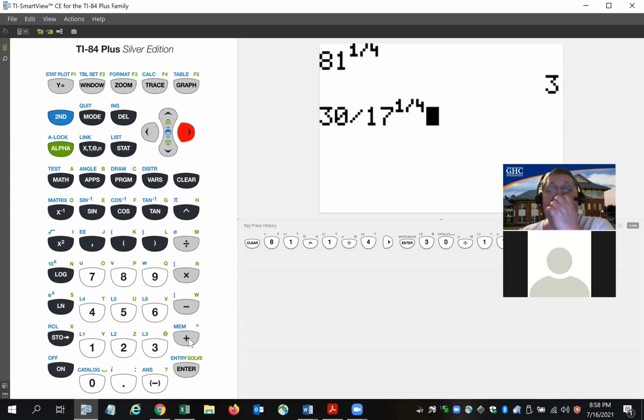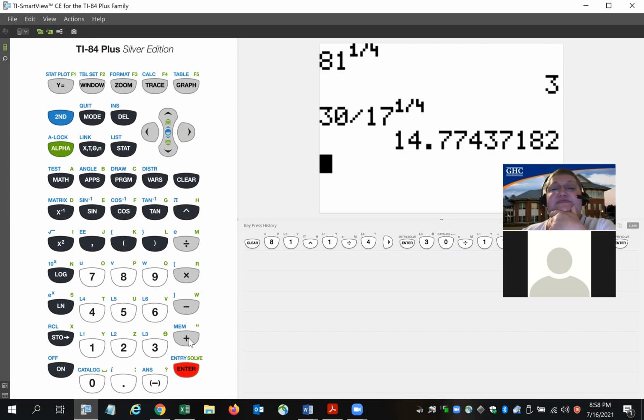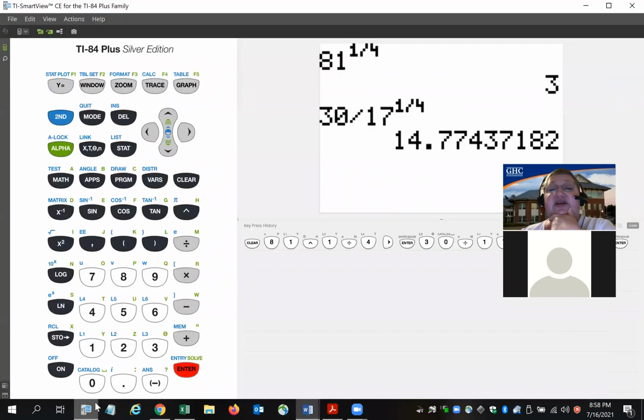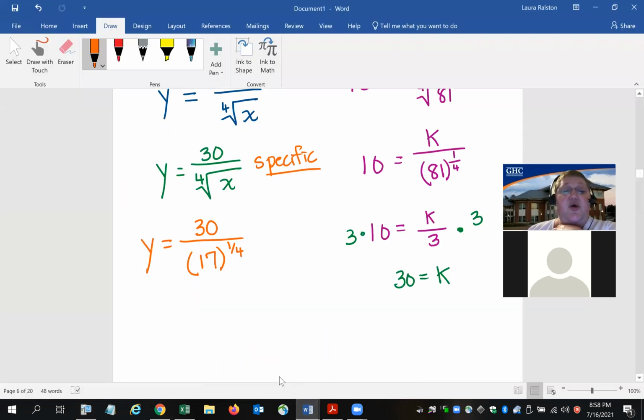Make sure you get out of the exponent. And we get 14.77. Did it specify round to 2 decimal places? My second decimal place is a 7, next to it is a 4, so I'm just going to leave it alone. So my answer becomes y equals 14.77.